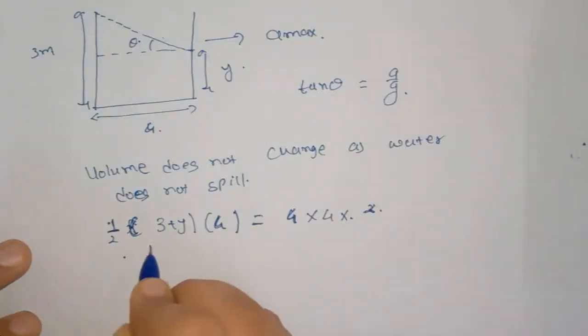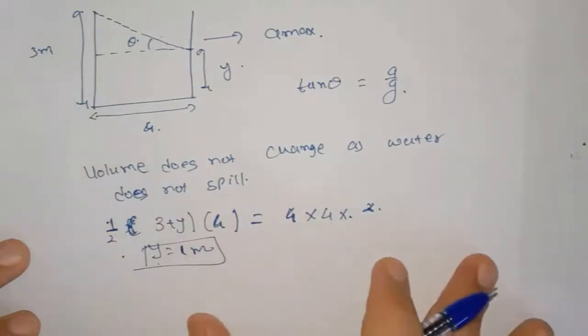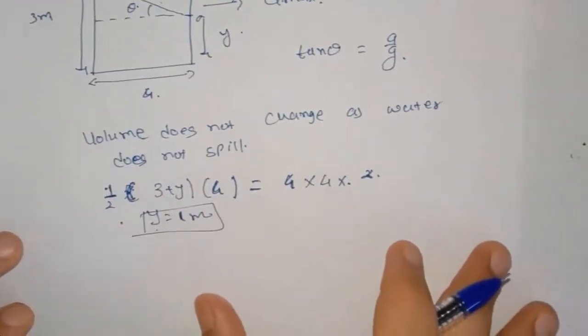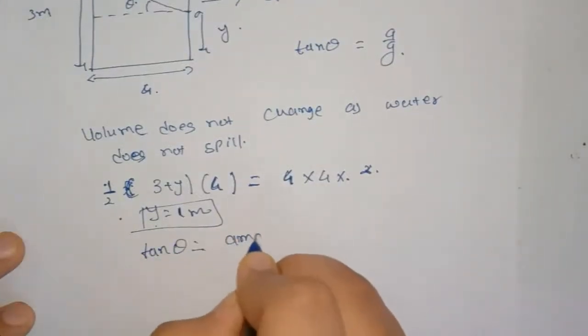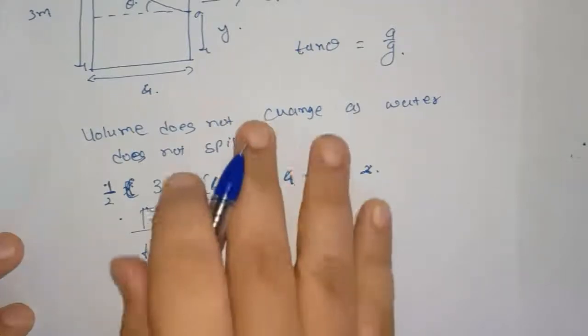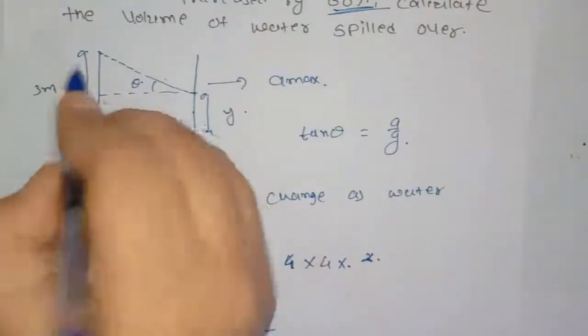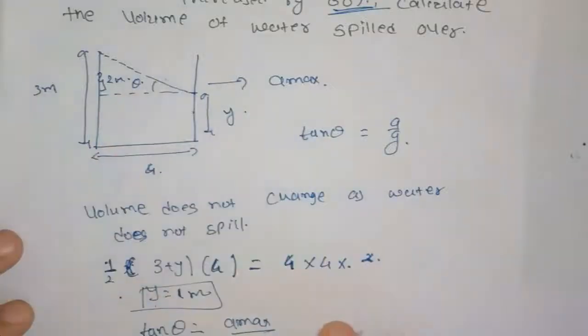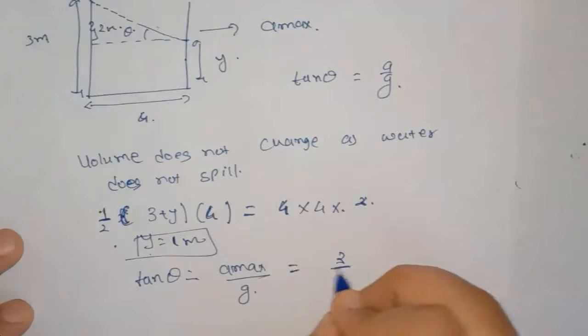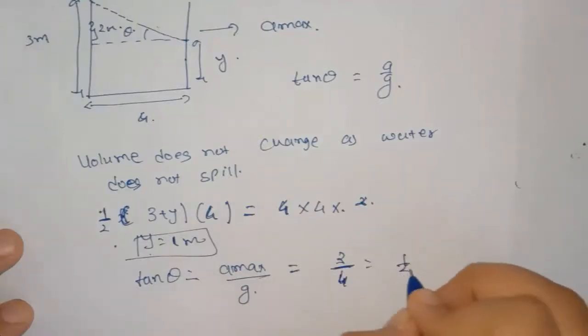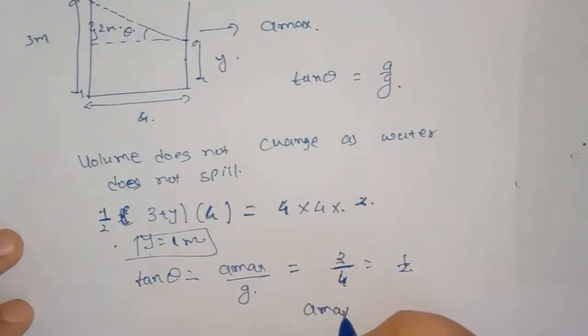From this we can find y is equal to 1 meter. Tan theta is equal to a max upon g. If this height is 1 meter, then this height will be 2 meter. So a max upon g will be equal to 2 by 4. So a max will be equal to g by 2.